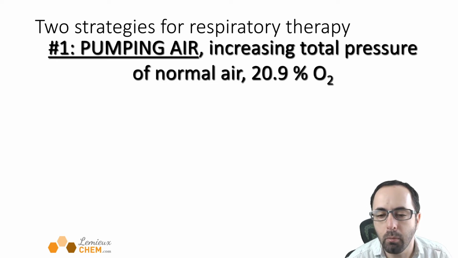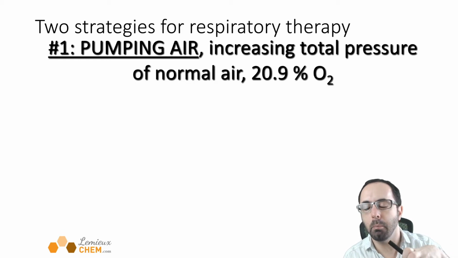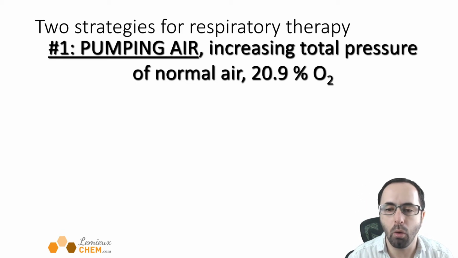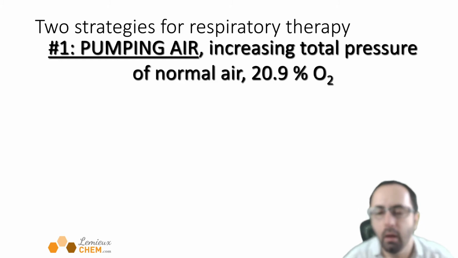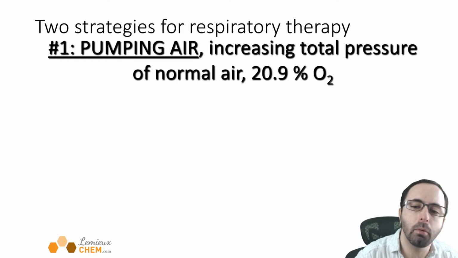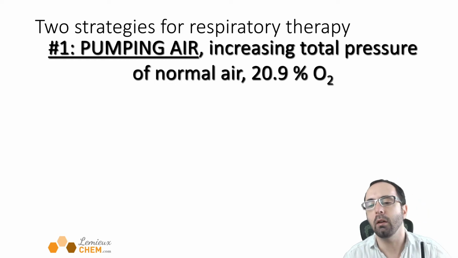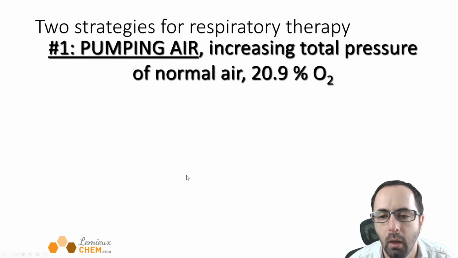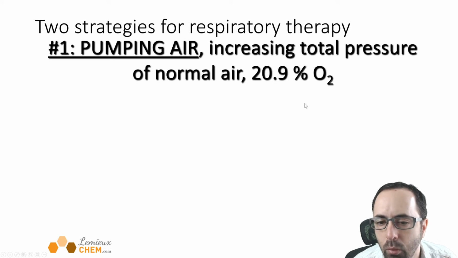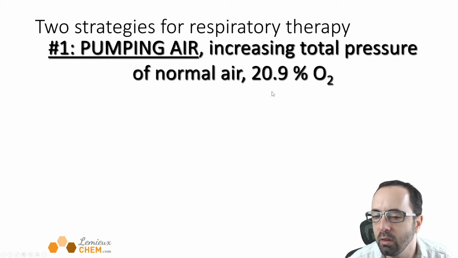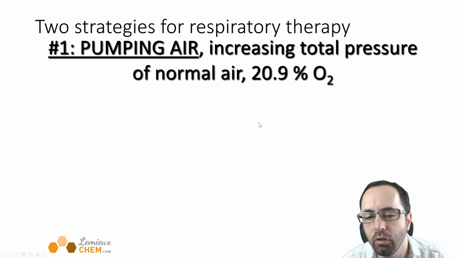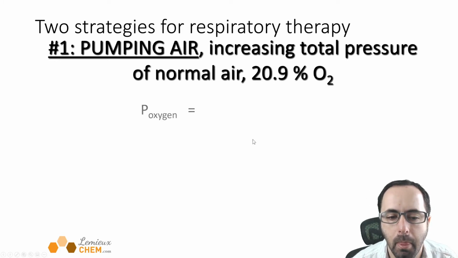Using a device that pumps air into the lungs, or mouth to mouth, someone will pump a greater total pressure of air into the lungs, and that will result in a greater partial pressure of oxygen. So in this situation, we're using normal air, which is 20.9% oxygen, but we are pumping a higher pressure of air into the lungs.